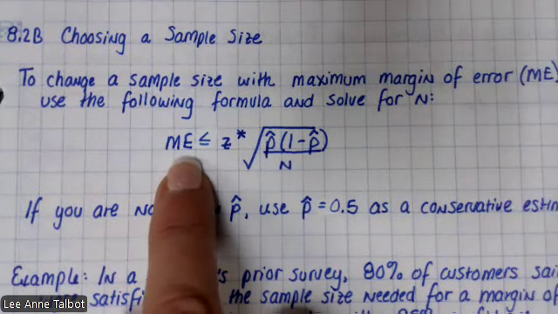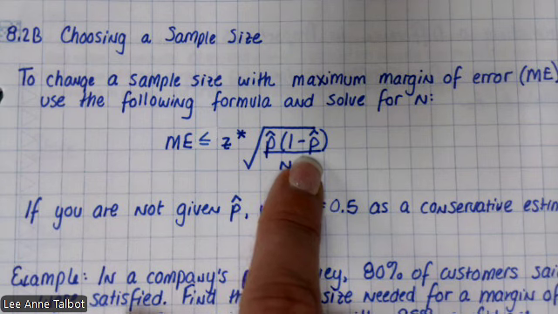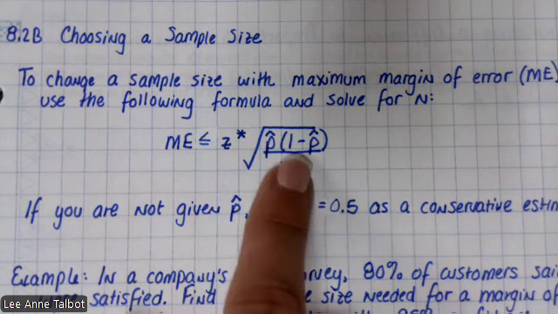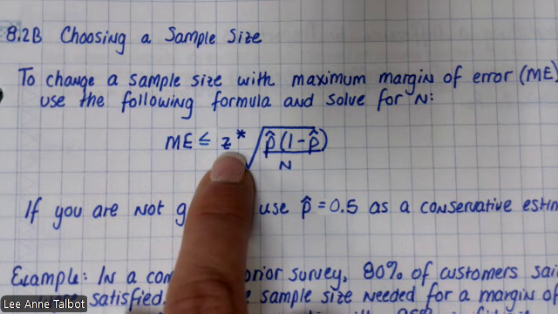Is it the margin of error? Is it Z star? Or is it the standard error? Z star. Okay, and the reason is you put the 95 or whatever into inverse norm to get it. Is it on the top or the bottom of this fraction?